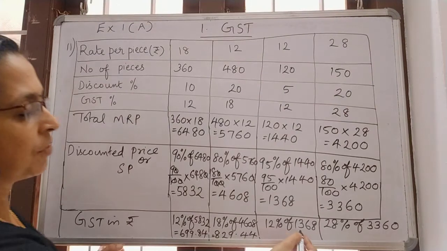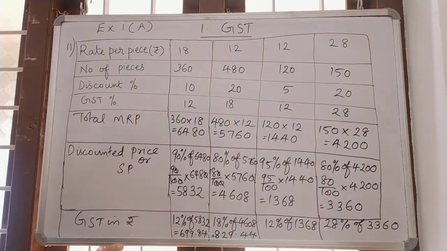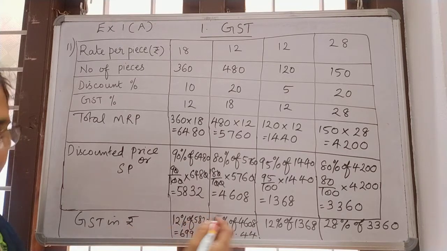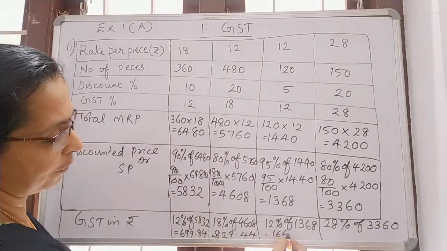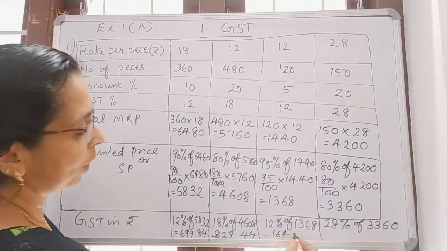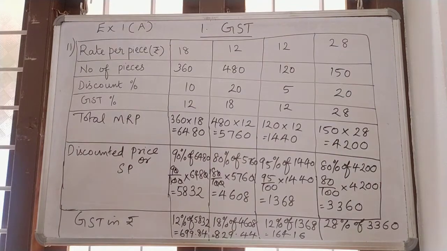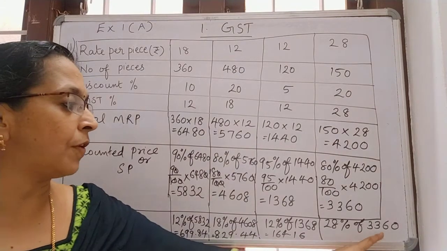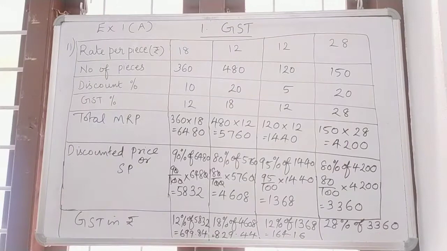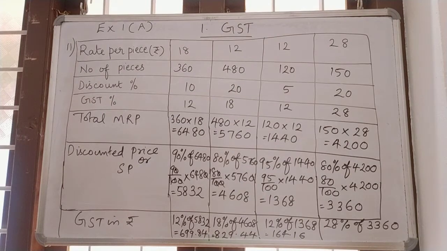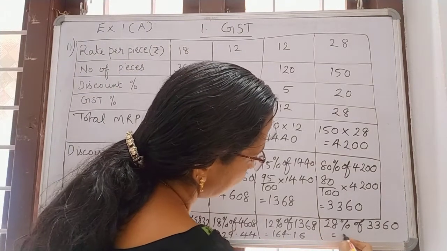Next, 12% of 1368, that is 12 by 100 into 1368, so it is 164.16. Next is 28% of 3360, that is 28 by 100 into 3360. It is 940.8.